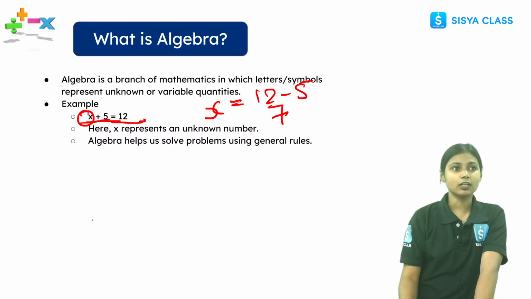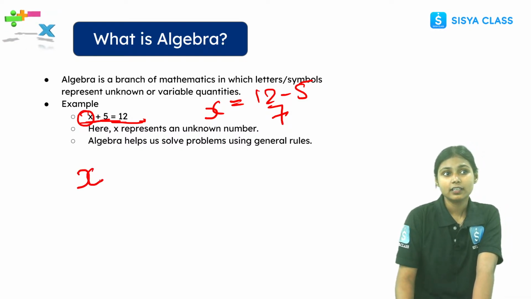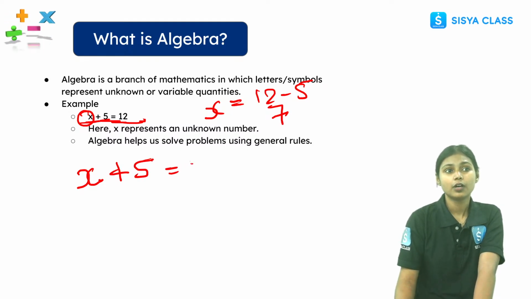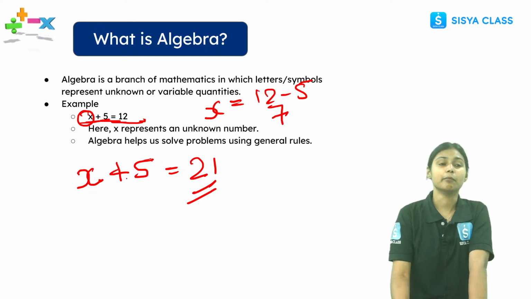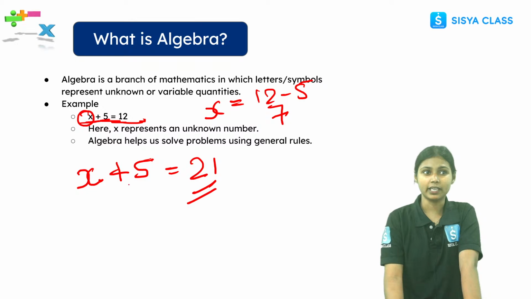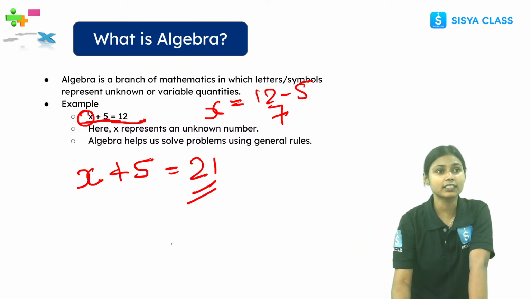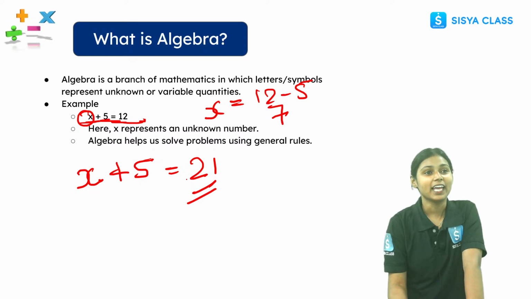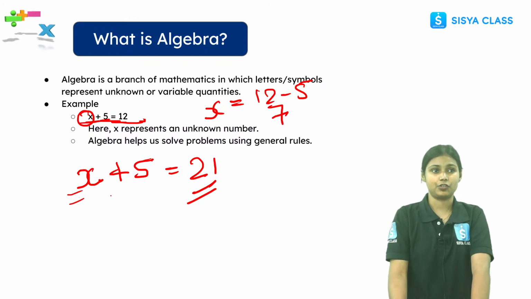Now, let's think of it that my age is x plus 5, which equals, let's suppose, 21, where Chaitanya's age is 21 and mine is x plus 5. It means whatever my age is, plus 5, will be 21. So x plus 5 equals 21. Now what is the value of x in this question?